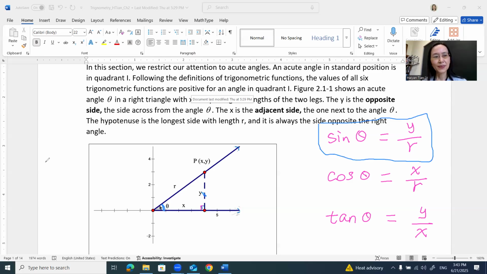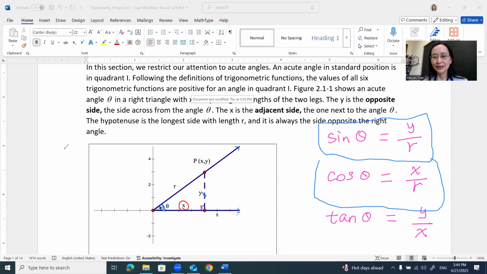And cosine theta, by definition, is x over r. You see this x, it is the side adjacent to theta. So the cosine value at theta is x, the side adjacent to theta, over the hypotenuse.